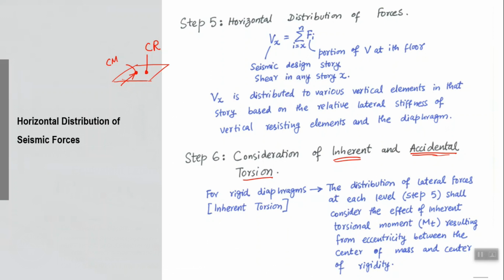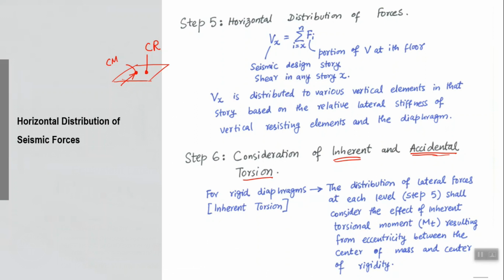So, there is an inherent torsion which is there, you know exactly how much it is, and there is an accidental torsion which you cannot estimate, because it can be caused by any reason which currently may not be known, right, in future. So, there is a method to account for that accidental torsion as well, and that is just assume an accidental eccentricity, right.